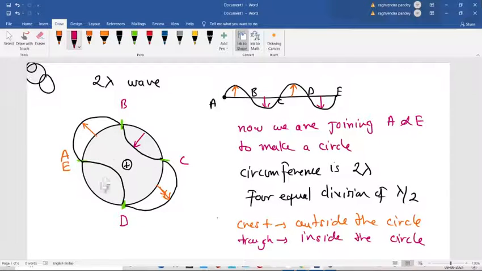So the wave started at A. You can do the opposite, no problem. Now the wave started traveling here, and it is going like this.